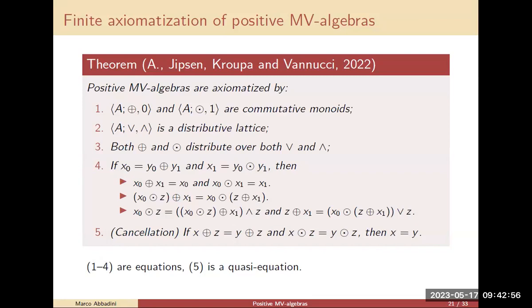I don't know if you're familiar with the Chang algebra, which essentially has 0, 1, epsilon, 2 epsilon, 1 minus epsilon, 2 minus epsilon, and so on.